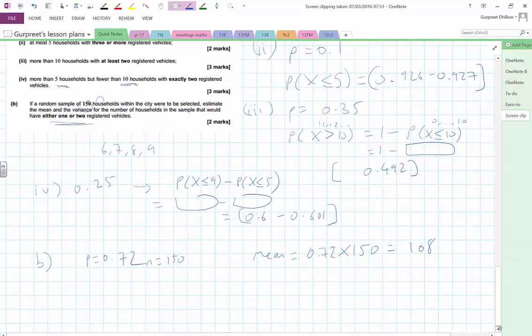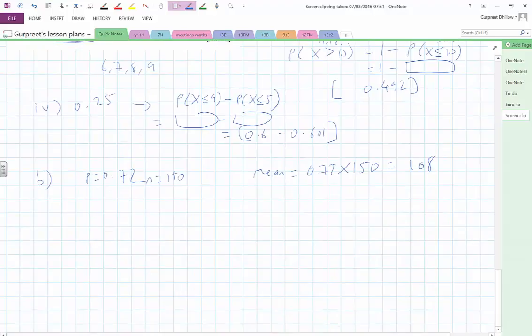And then for variance, variance is NPQ, so that's 0.72 times 150, so that's your P, that's your N, your Q is 1 minus that, which would be, beg your pardon, 0.28 even. And that gives you answer 30.24.